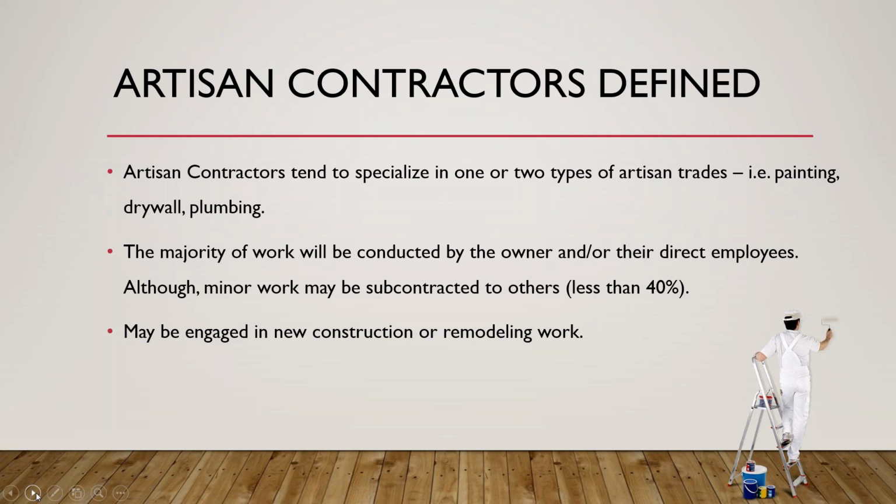The majority of the work will be conducted by the owner and/or their direct employees. Some minor work can be subcontracted to others, less than 40%. If they are subcontracting more than 40%, we prefer to see those under the general contractors guidelines. And they may be engaged in both new construction or remodeling work for both residential and commercial.